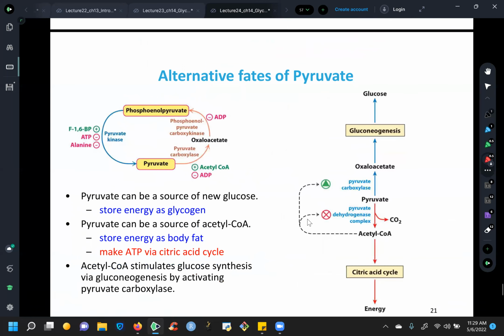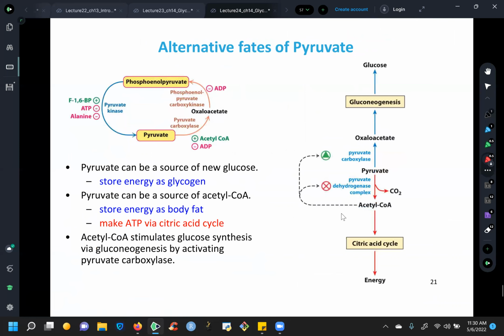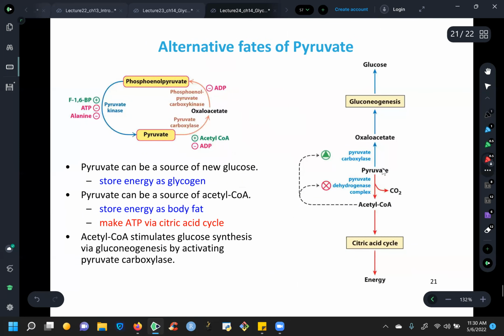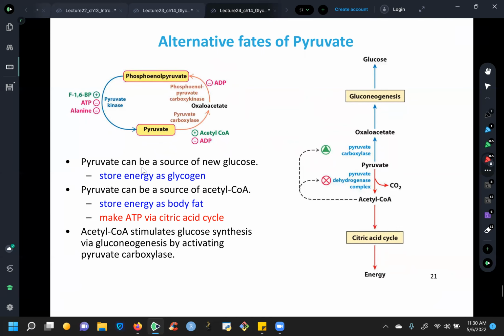Alternative fates of pyruvate. Okay, so we talked about that earlier. Pyruvate can either go down to the citric acid cycle, or it can be used for fermentation. Pyruvate can be a source of new glucose. Oh yeah, you can also go backwards and make glucose. And you can store energy as glycogen.